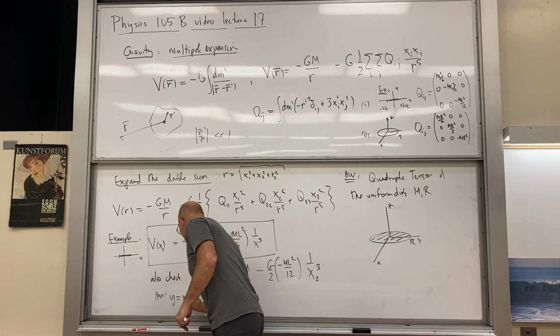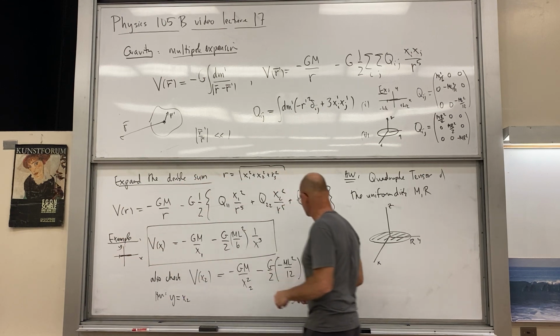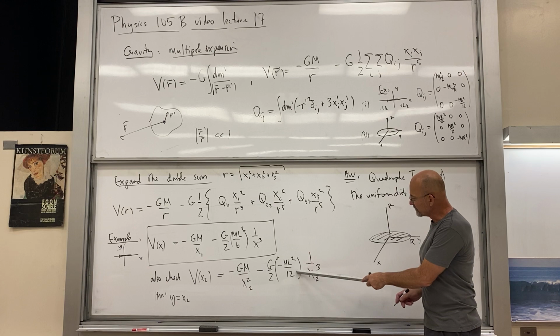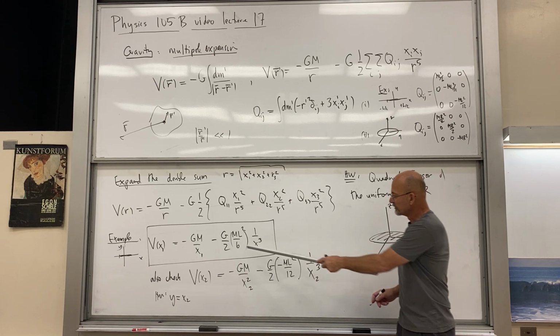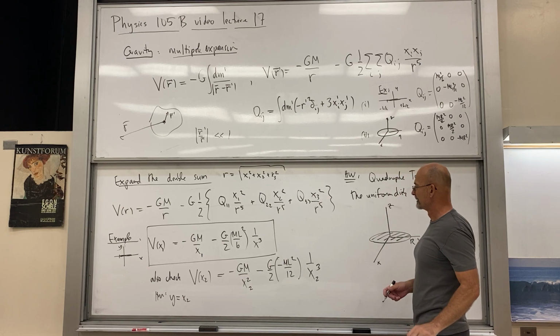Y was equal to the x2. That was that direction in this problem, that y direction. Right, so you're going to have a different sign and a different denominator there. Instead of 2 times 6 is 12, you're going to have 2 times 12 is 24.